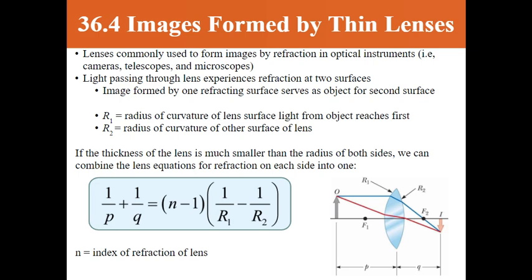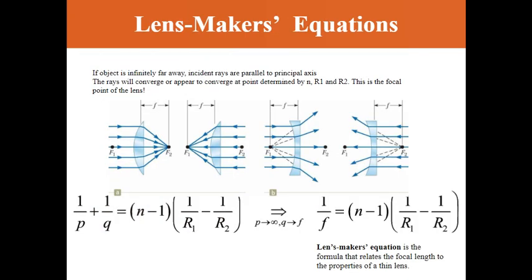As you can see in the drawing here, the image overall ends up on the other side after being refracted twice. Lenses do have a focal point, which is defined the same way as for mirrors. If the object is infinitely far away, so you have parallel incident light rays, the focal point is where the parallel rays converge.